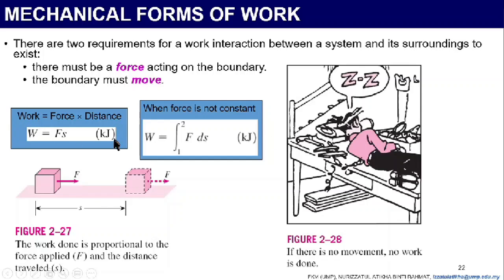Let's see the equation for work. Work equals force times distance. When force is not constant, we integrate F ds from 1 to 2 and we will get the work. Remember that the work done is proportional to the force applied and the distance travelled.